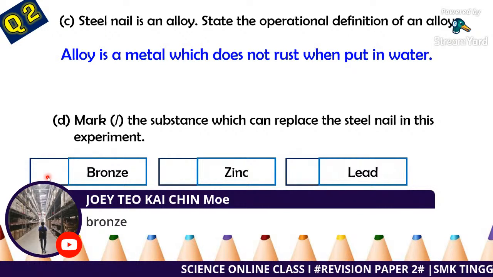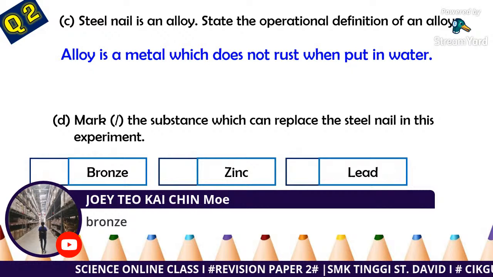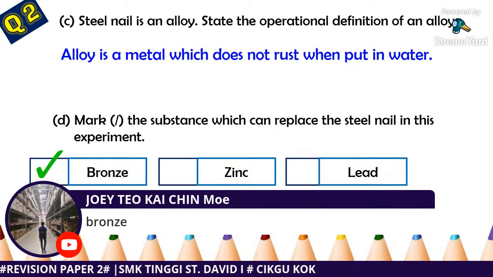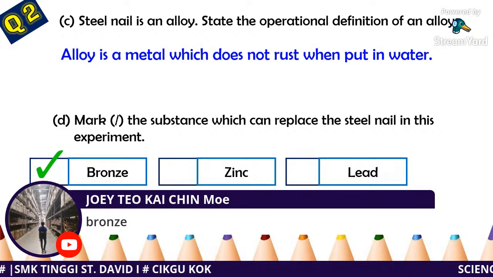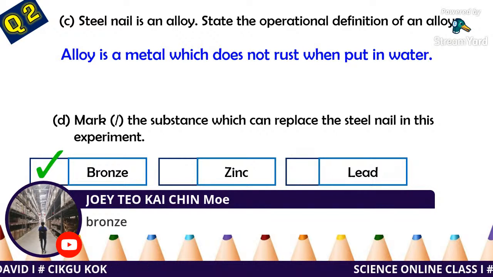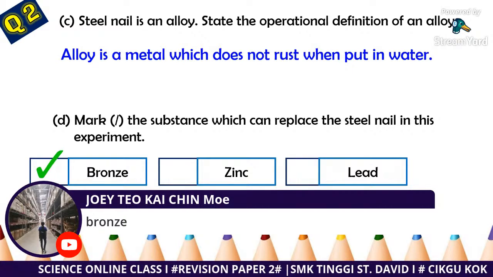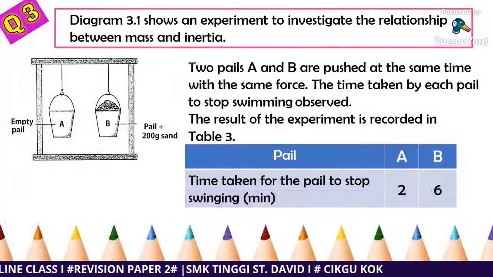So bronze is almost the same as the steel, they do not rust. So from here, the answer is bronze. Thank you, Joey. The others are also correct. Noreen is the same, Guiwen also says bronze, Leong also bronze. Correct. Okay, so we continue to the next one.